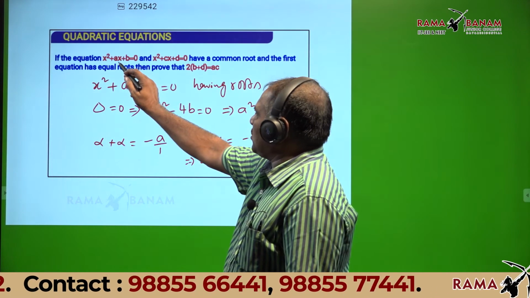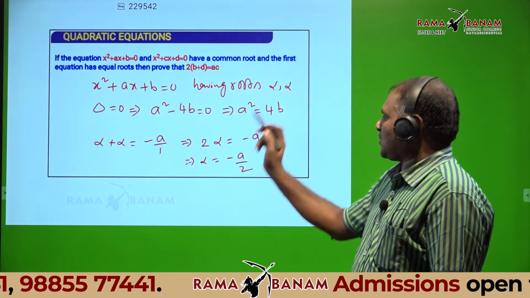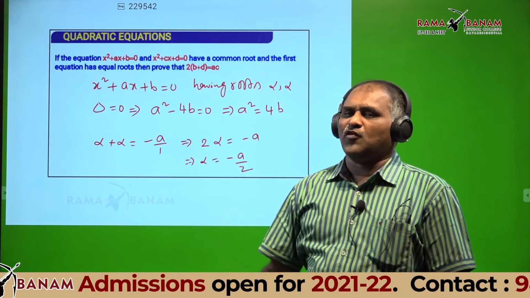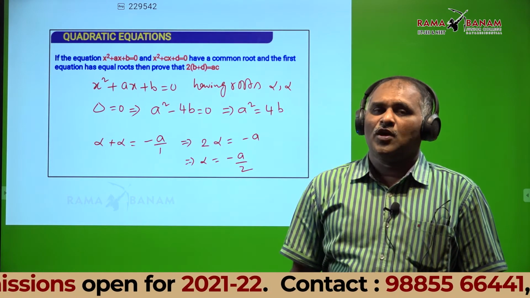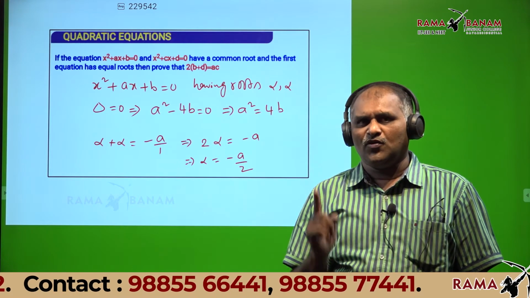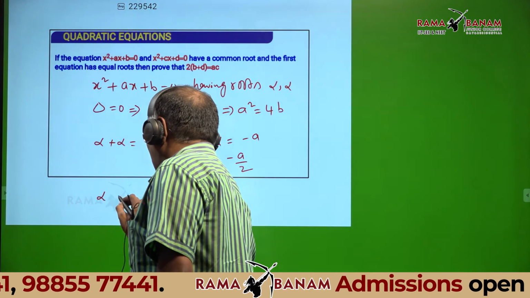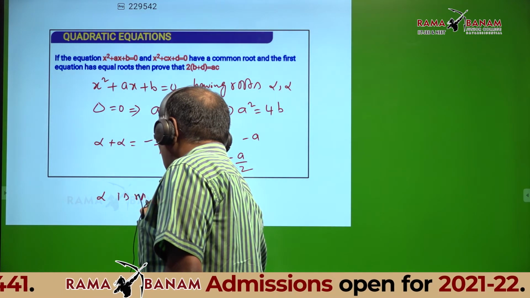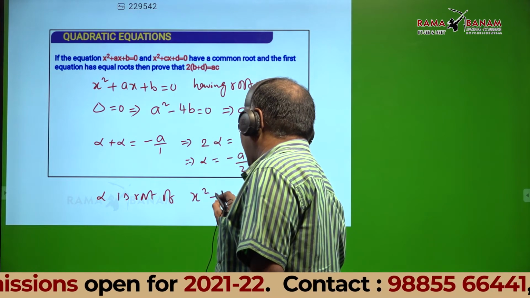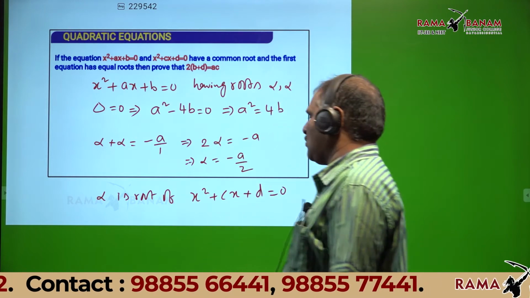But both equations have a common root. The first equation has root alpha, that's why alpha is also a root of the second equation, x square plus cx plus d is equal to 0.